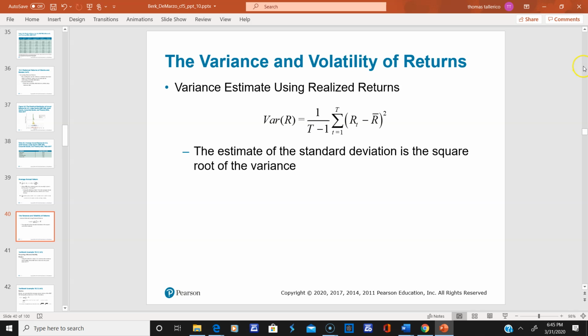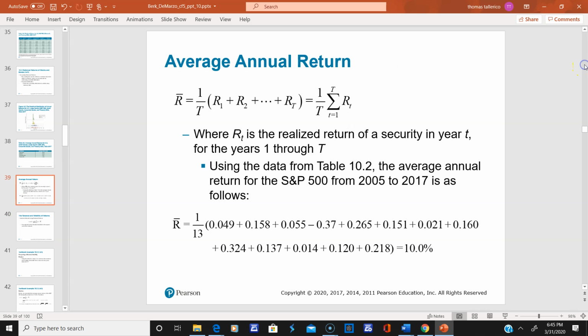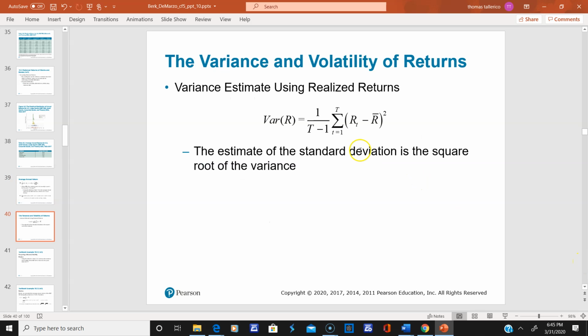So let me go back for one moment. Here's the return we calculated. Notice that's R bar. Everyone see that? That's R bar. And this variance, we should be able to calculate in Microsoft Excel. I believe there's a built-in function called variance, and I believe it's this one.